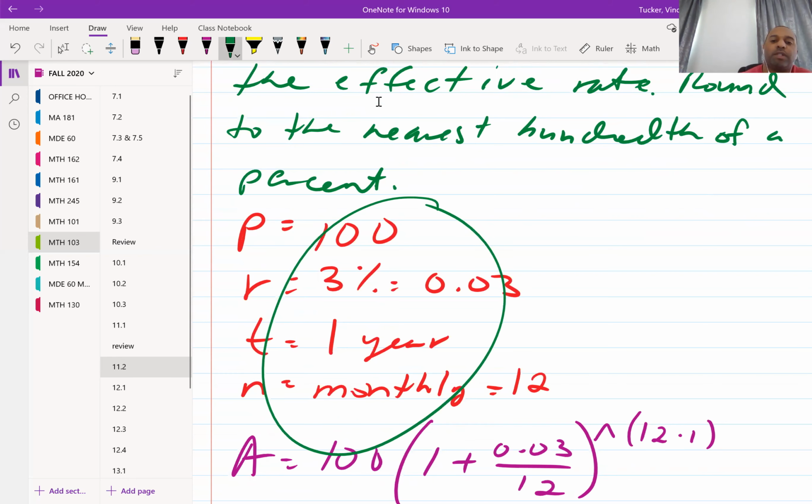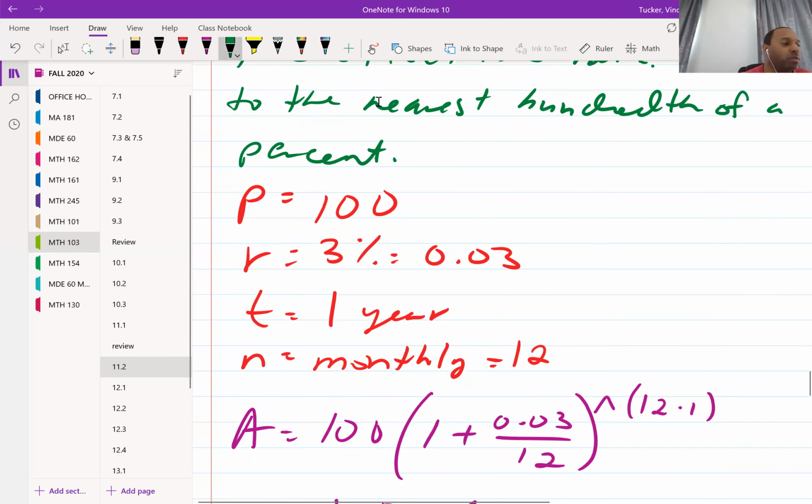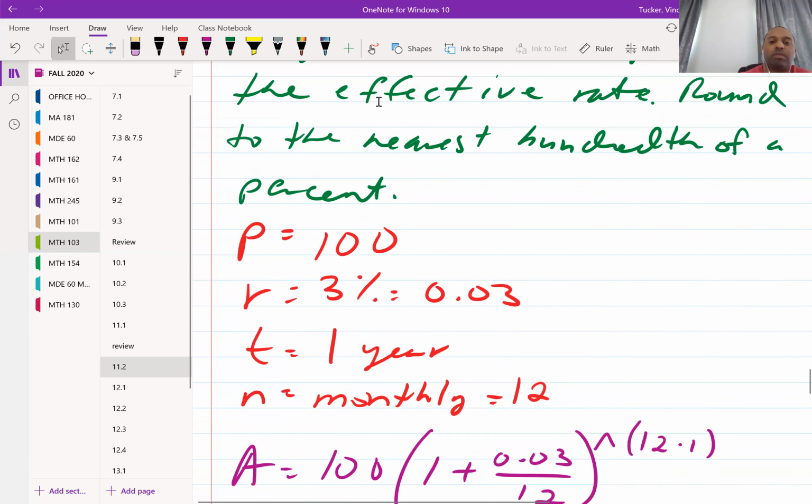So once we have our values established, we can go ahead and plug it into the formula.